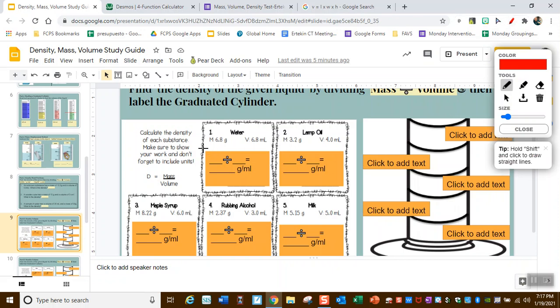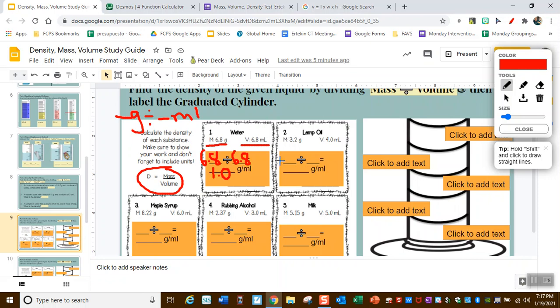Okay, so it tells you mass is 6.8 grams, volume is 6.8 milliliters. So remember, density is mass divided by volume. So you're always going to do grams divided by milliliters. So here you're going to do 6.8 divided by 6.8, and your density is 1.0.